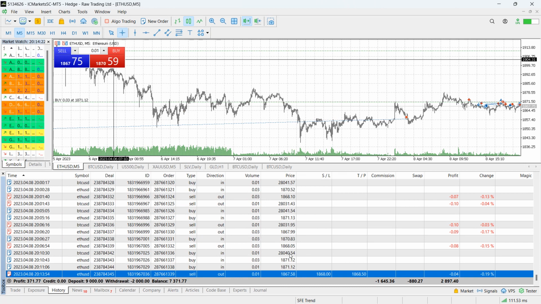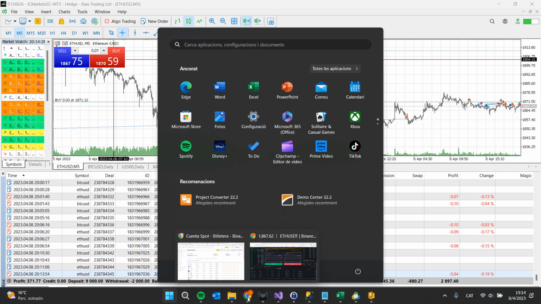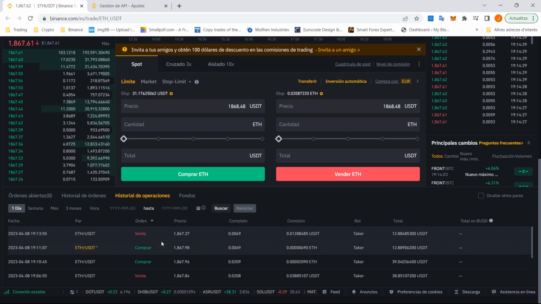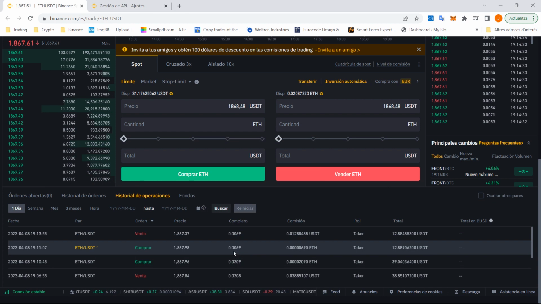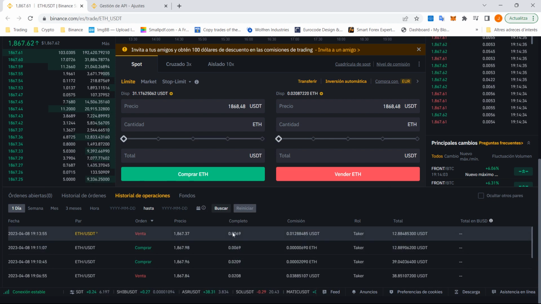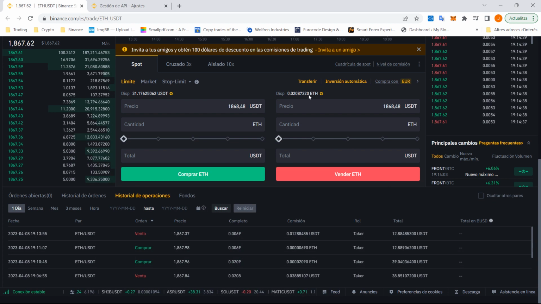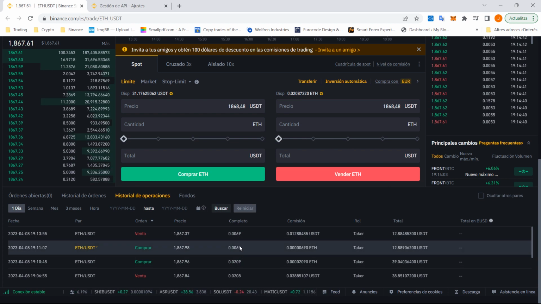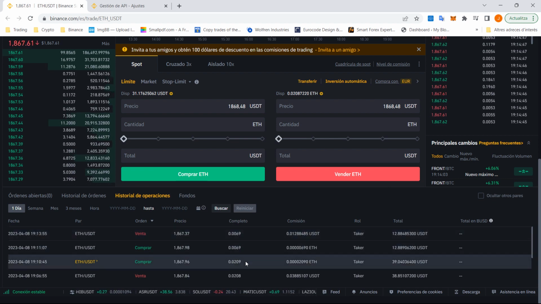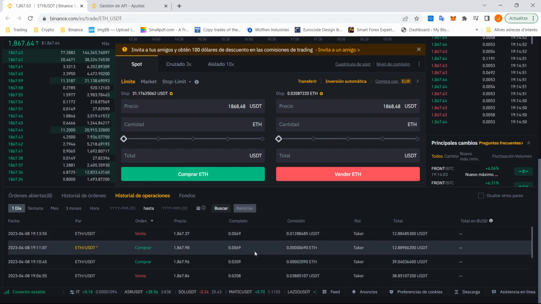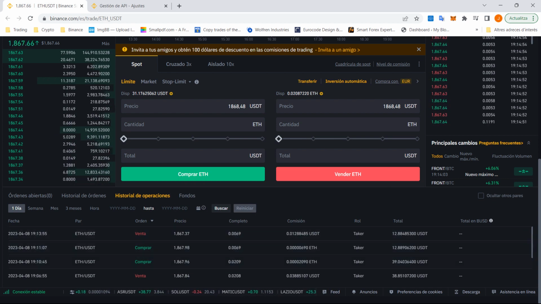Okay, and we can see here on Binance that trade has been closed, in the form of a reduced balance of Ethereum. I can see the amount at entry and the amount closed. This amount is still not closed.